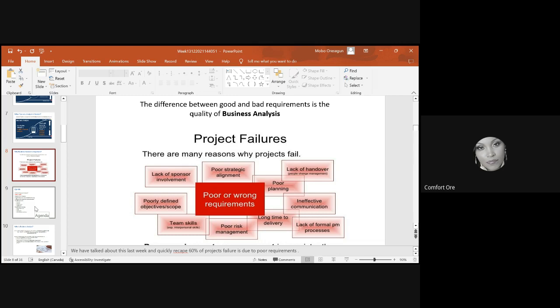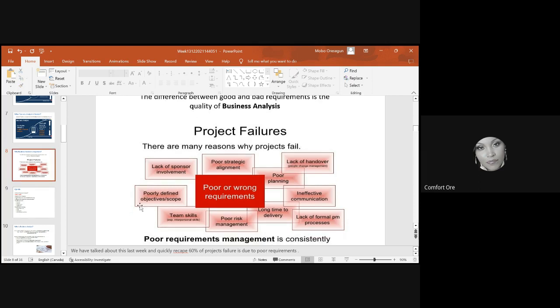And when the SME is involved, usually the SMEs are the ones who define the future state, what's needed, the objectives, the expectation of the project. So once you don't have their involvement, most likely it's going to result in a project failure.